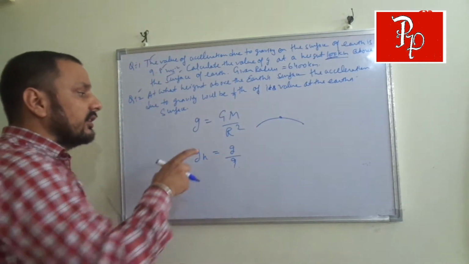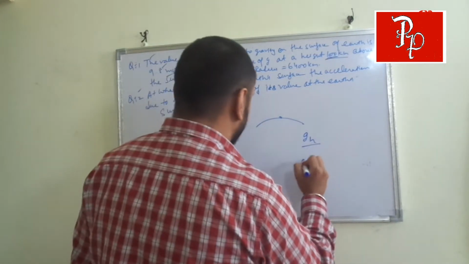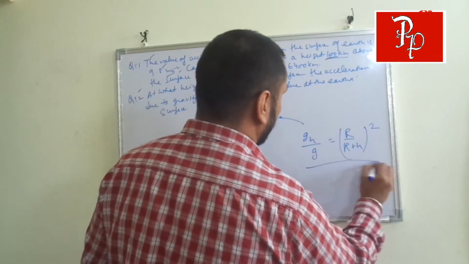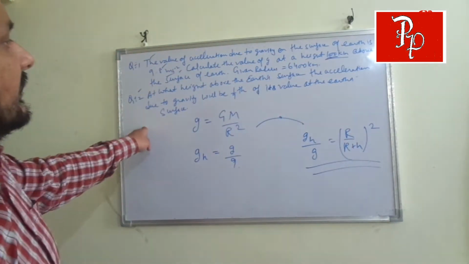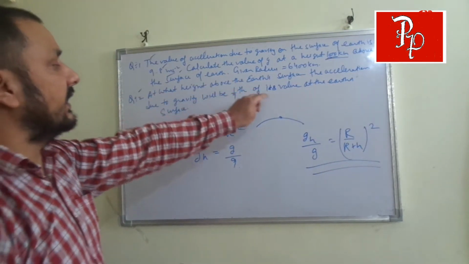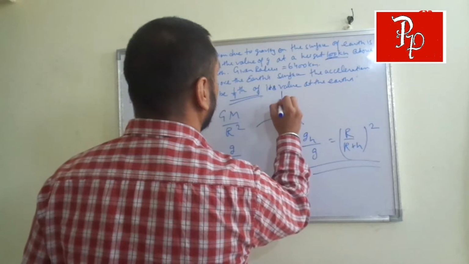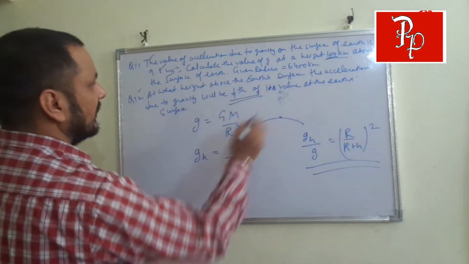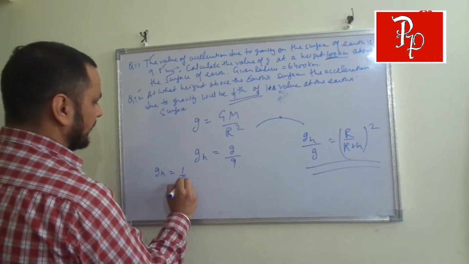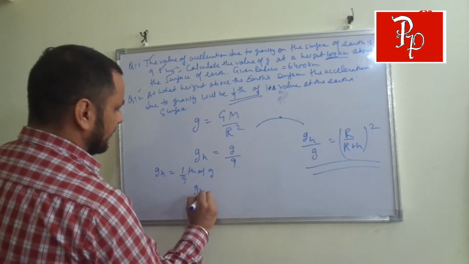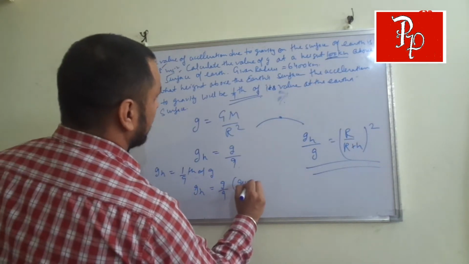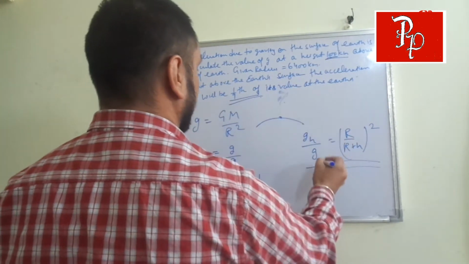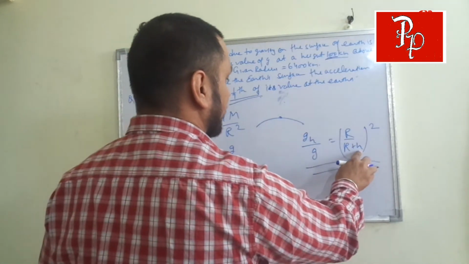Now which formula of gh will we use here? Here gh upon g is r upon r plus h whole square will be used, because the heights here are going to be very large, the reason being that acceleration due to gravity will be 1/9 of its value. So let's see how it will vary. First, what is given to you? gh is 1/9 of g, that is gh is g/9, this is given to you, and you have to find the height, at what height, that is you have to find this h here.